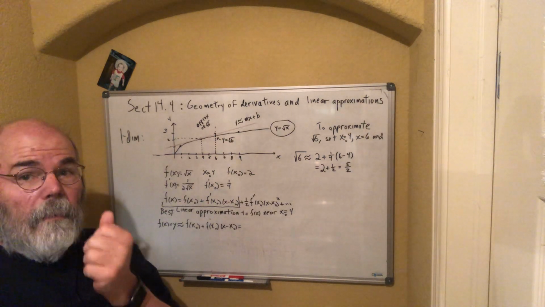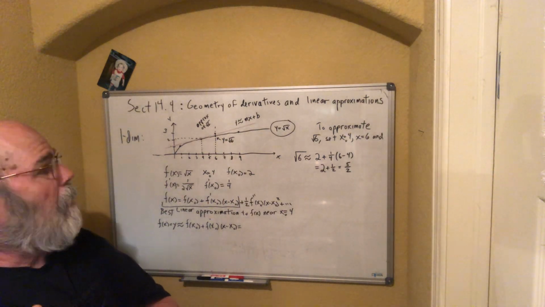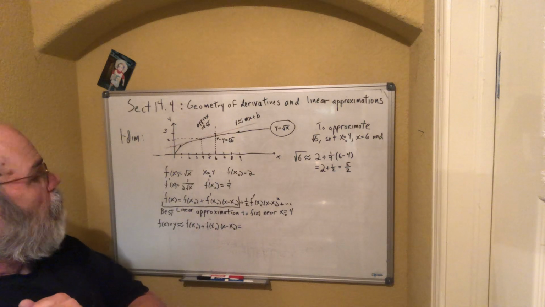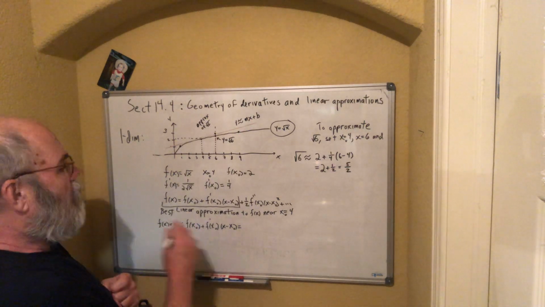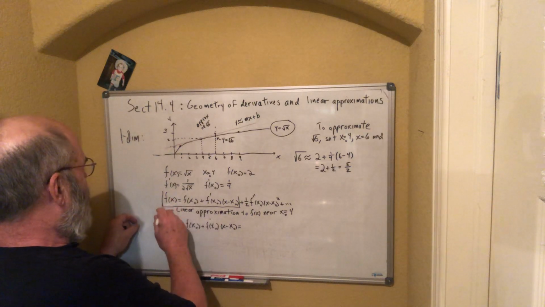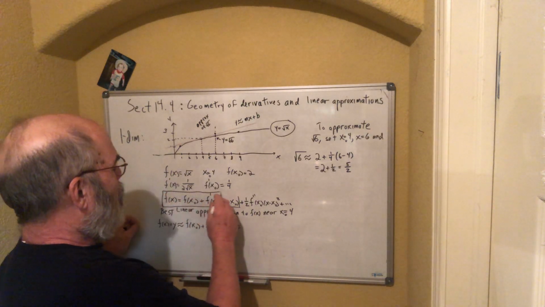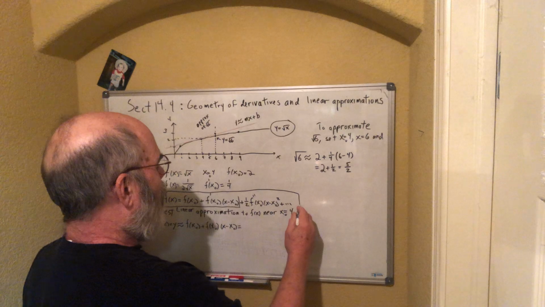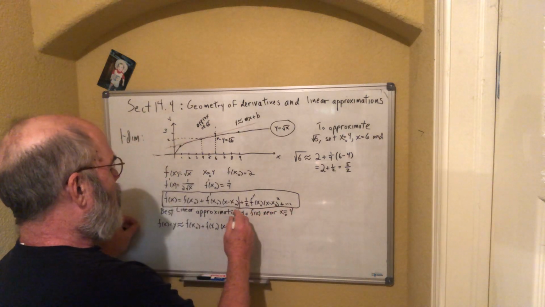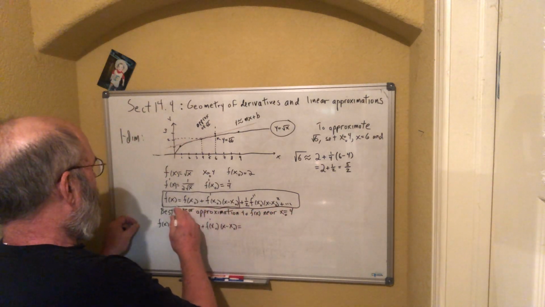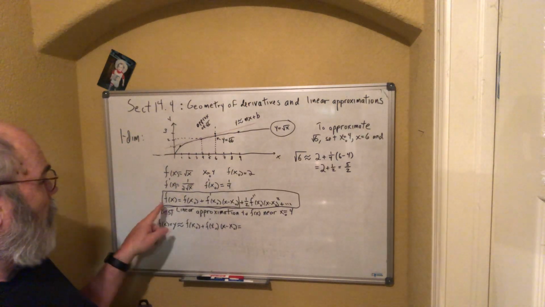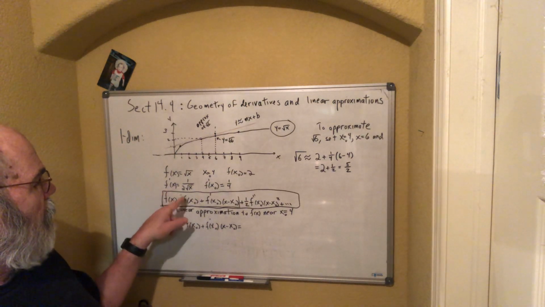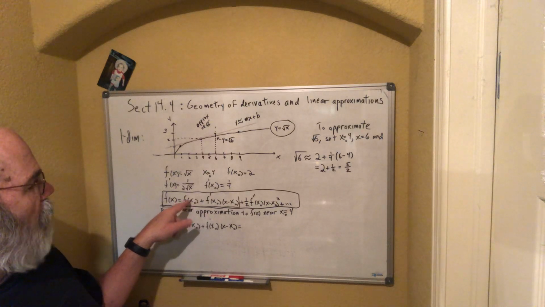Now the trick about these Taylor expansions, if you remember, is this equation down here. Here we have the first few terms of a Taylor polynomial. There's the function expanded about the point x naught.